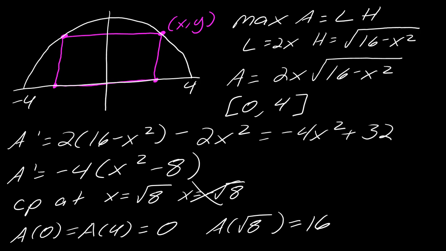And so here is the largest area. So 16 units squared would be the largest area. So you see how we got to use the extreme value theorem to kind of streamline what we needed to do here. That's why really understanding what those theorems say is so helpful.